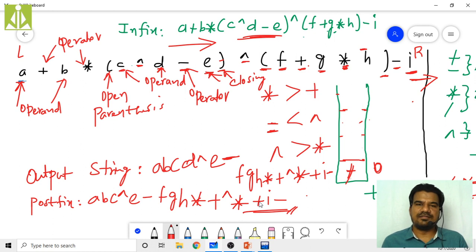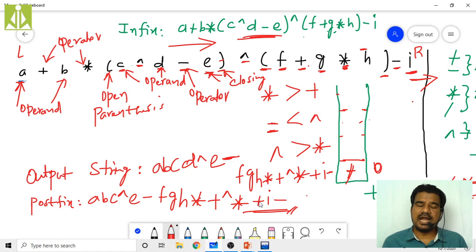That's it. If the stack is empty or the stack has an open parenthesis, simply push that operator onto the stack. Or if the scanned operator has greater precedence, in that case also we push it onto the stack. And how to deal with parentheses? If the scanned character is an open parenthesis, simply push it to the stack.